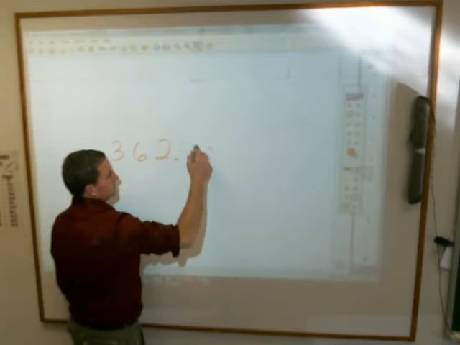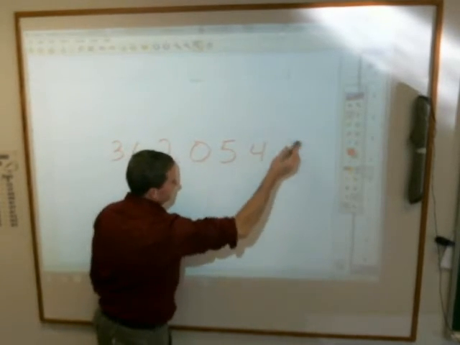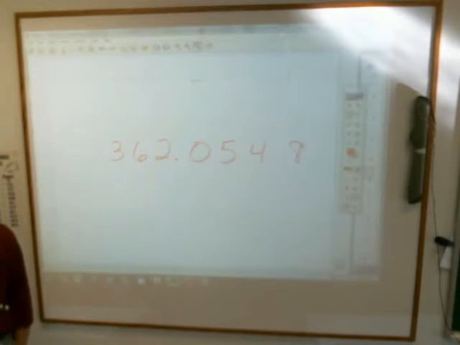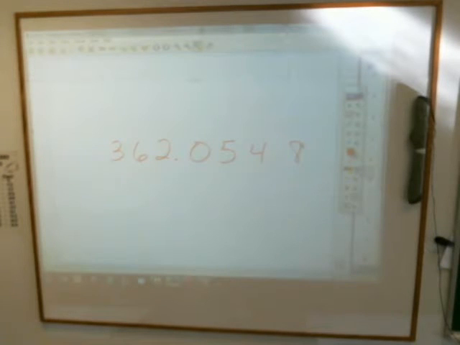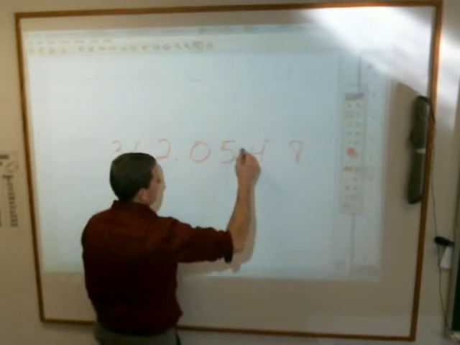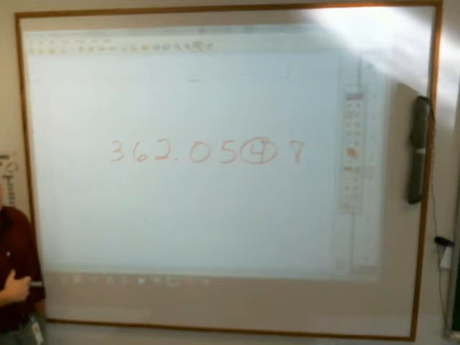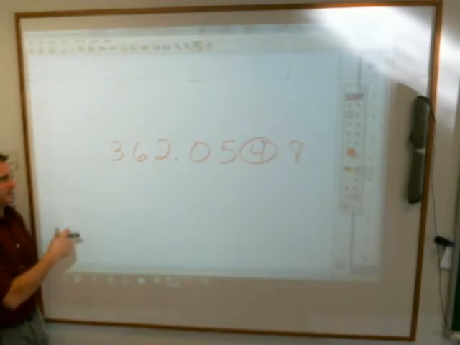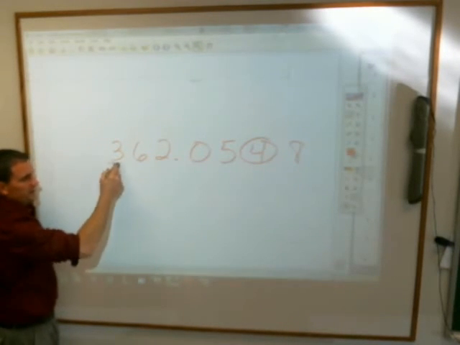If I have 362.0548, what digit is in the thousandths place there, Brant? 4. The 4. What digit's in the hundreds place, Carter? 5. Nope. I said hundreds place, not hundredths place. Hundreds place is the 3.